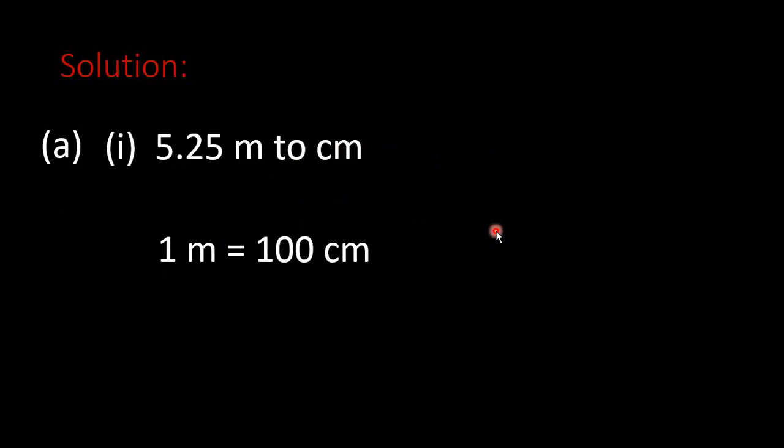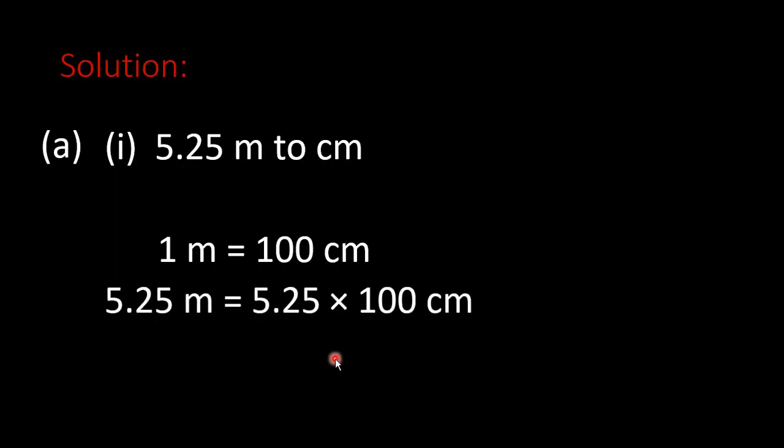So if 1 meter is equal to 100 centimeters, what about 5.25 meters? It means we shall have 5.25 times 100 centimeters, which will give us 525 centimeters.